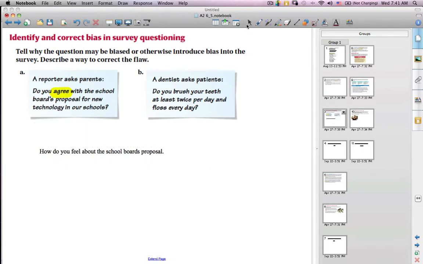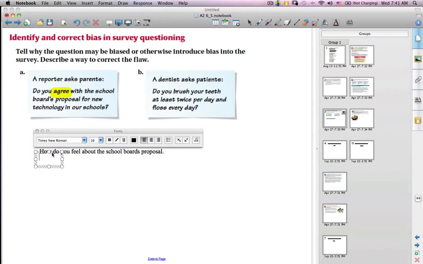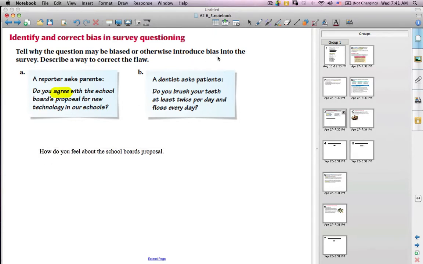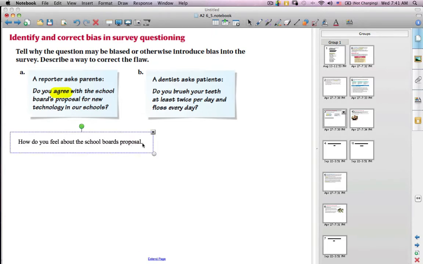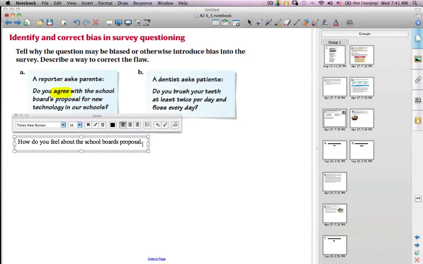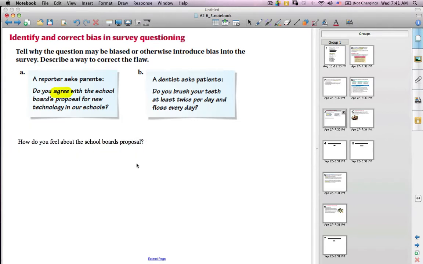So this is better because now I'm not leading them in a direction and suggesting that they should agree. I'm just asking them blankly, how do you feel? That doesn't lead them in one direction or another.